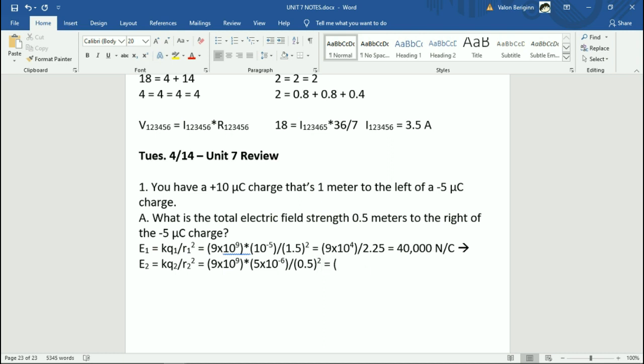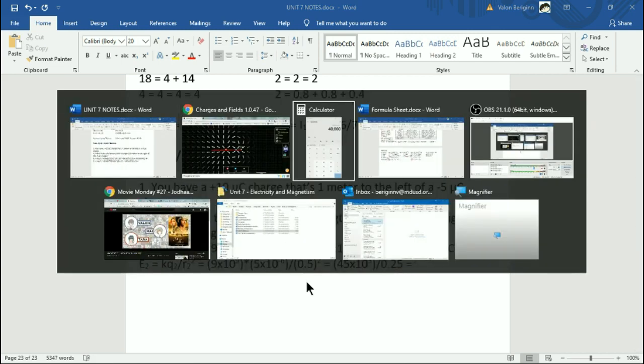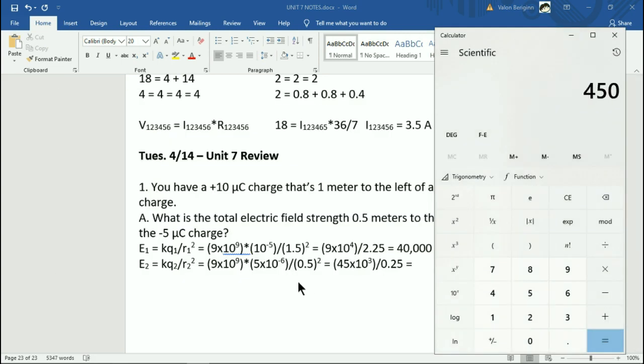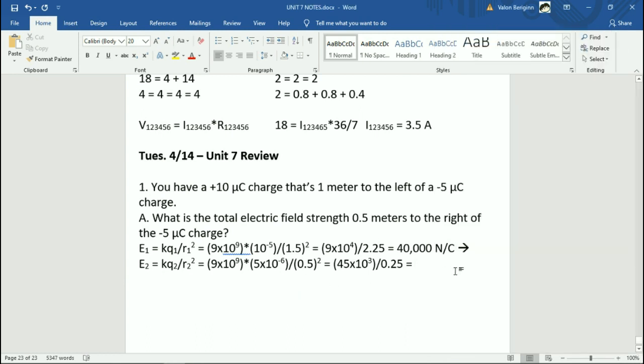So multiplying this together, this is going to be 45 times 10 to the 3, which I'll just keep like that for now, even though that's incorrect, divided by 0.5 squared, which is 0.25. So this gives us 45,000 divided by 0.25, which is 180,000.